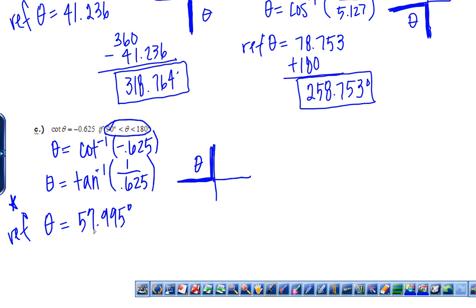I can take this number and say 180 minus my reference angle. Therefore, my final answer should be 122.005 degrees. This was my original angle that I graphed in order to get a reference angle of 57 degrees.